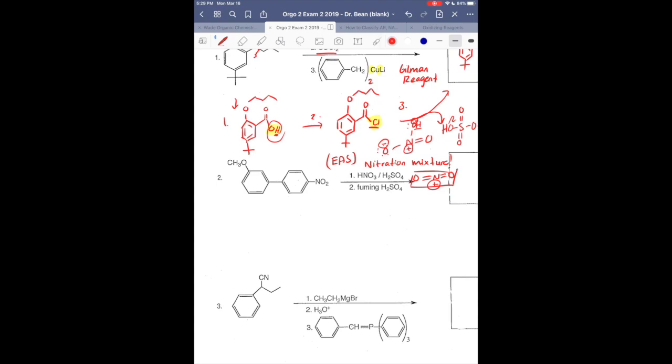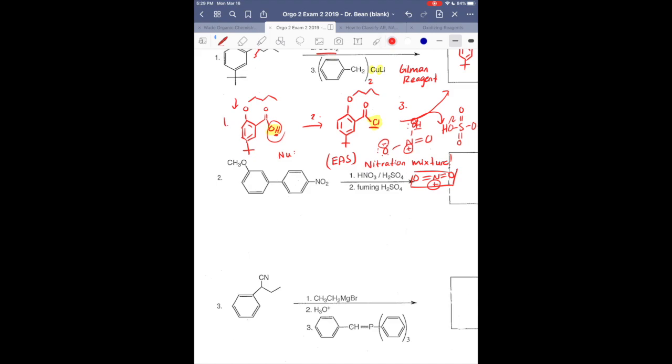So if we're undergoing EAS, right, we talked about this in the fact section. For undergoing EAS, your benzene ring has to be acting as what? An electrophile or a nucleophile? So the benzene has to be acting as a nucleophile, right?